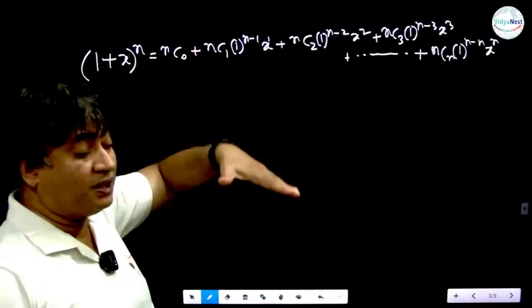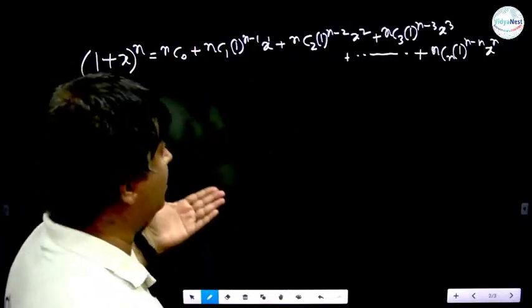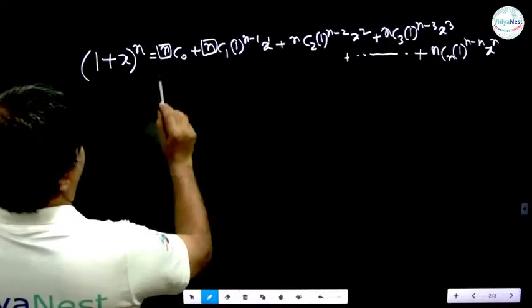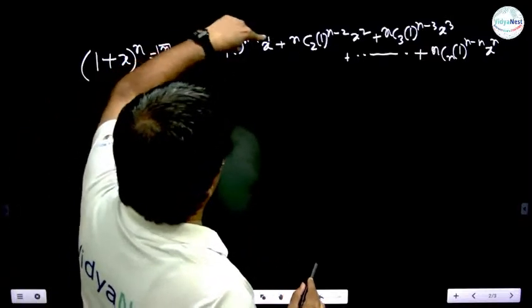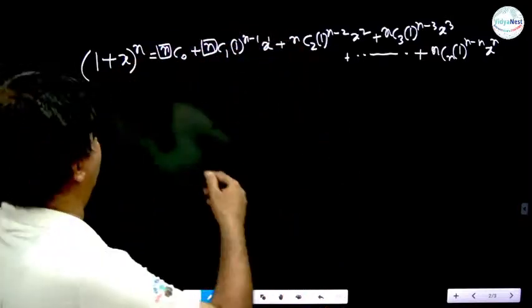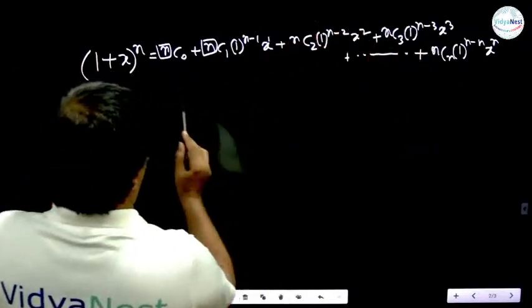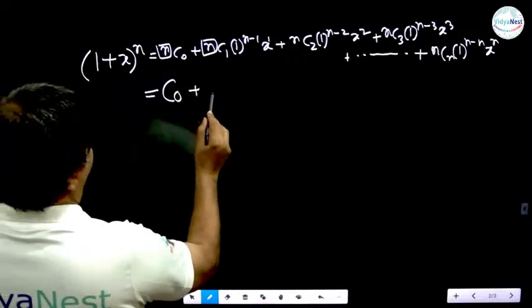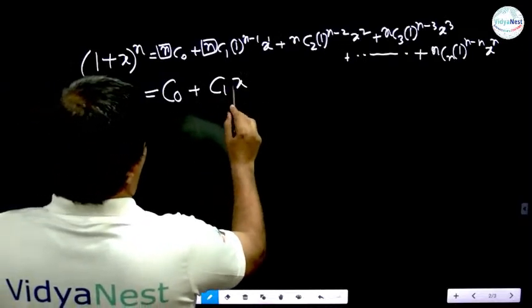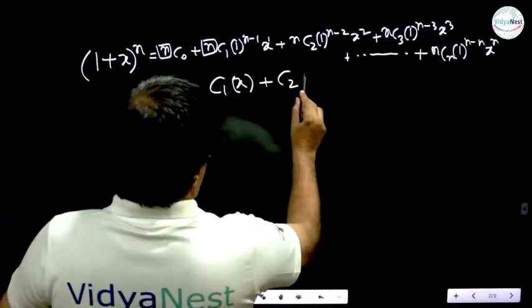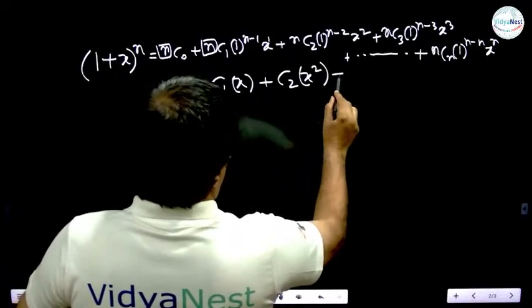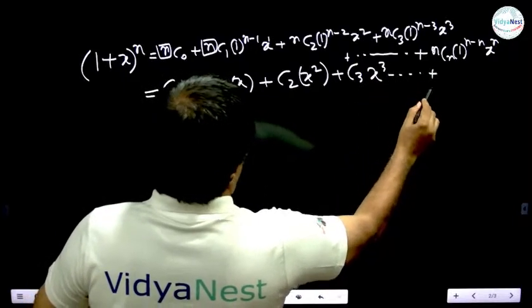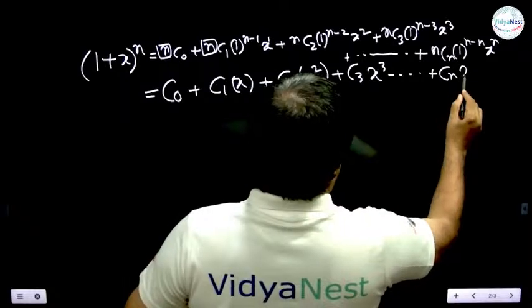Now you can represent it in another way according to your will. You can keep n silent, and 1 to the power whatever will remain 1. So this expansion can be written in revised manner: C0, C1x, C2x square, C3x cube, Cn x to the power n.